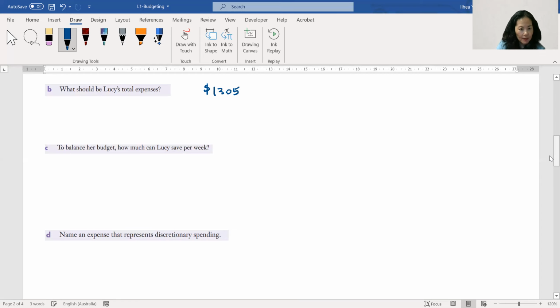Okay. Now part C, to balance her budget, how much can Lucy save per week? So it's really asking for what her savings are. So savings equals total earning, 1,305, take away all the expenses she has. Okay, and then whatever is left over will be her savings, wouldn't it?